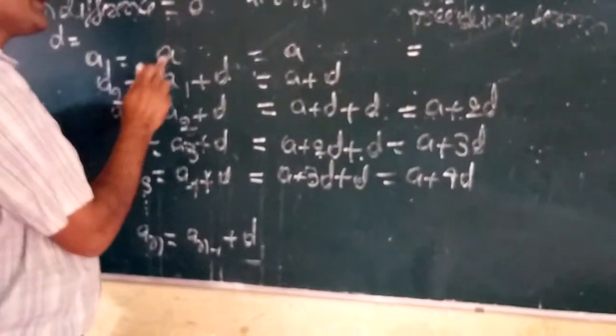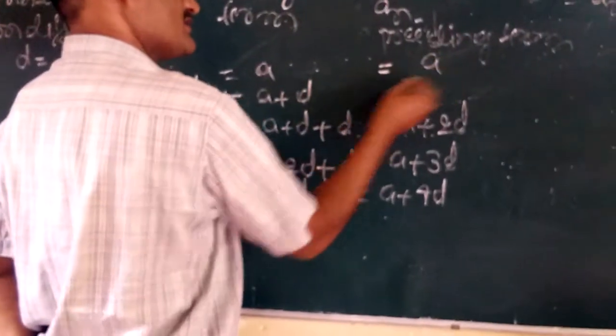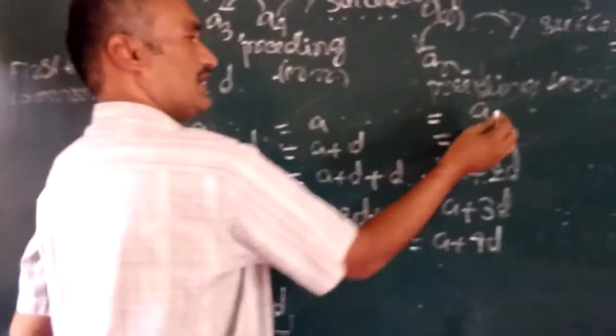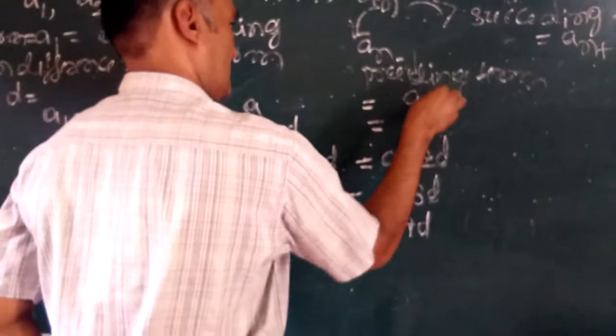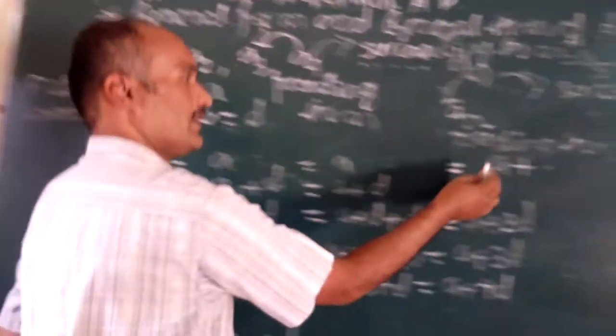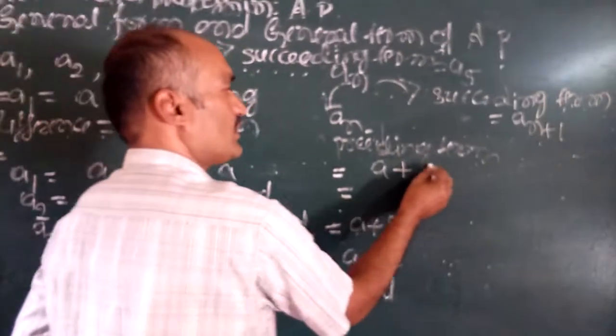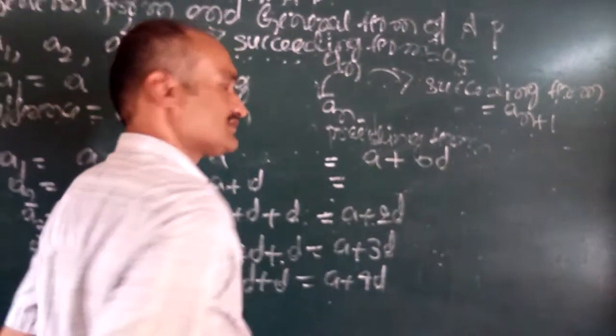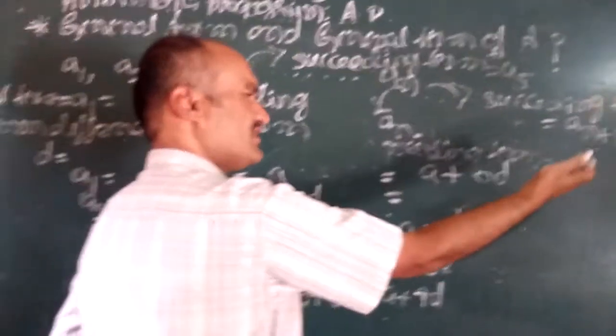If the first term is A, you can write A as it is. So A I can write as A plus 0D. 0 times D is 0 only.